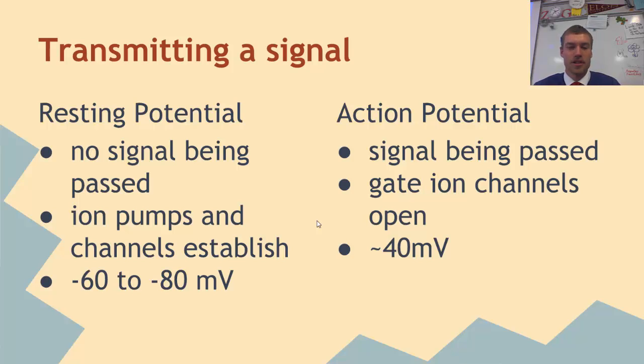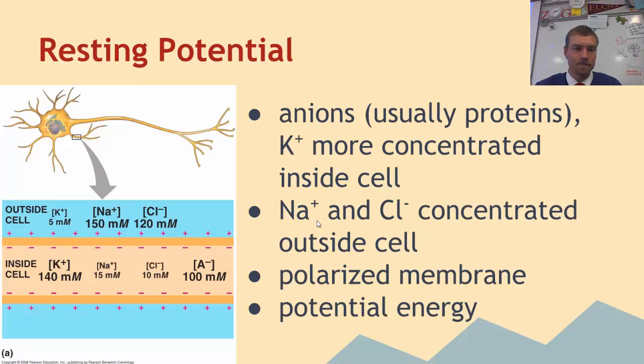The action potential, this is where the signal is actually being passed along. What happens is that the gated ion channels are going to open, and it has a voltage of around 40 millivolts. And so you can see the difference between the resting and the action potential, and that change is what is going to actually allow us to pass a signal.